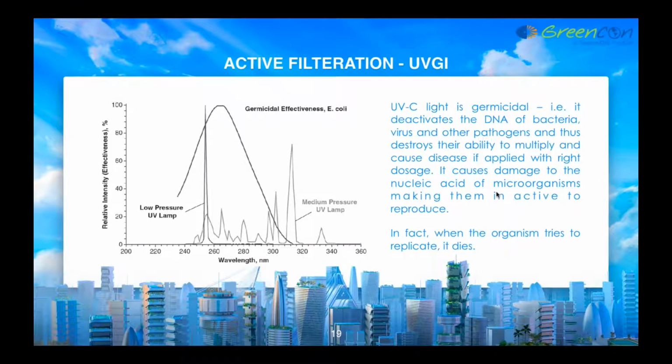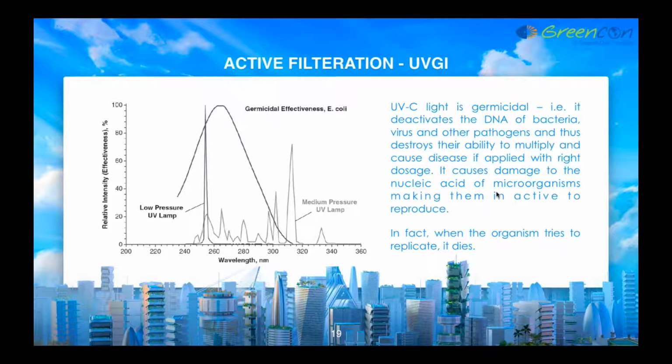Okay, so active filtration with UVGI, we are talking of low pressure UV lamps, which are commonly used in this kind of application. And they typically work with 100% efficiency at a 254 nanometer wavelength.